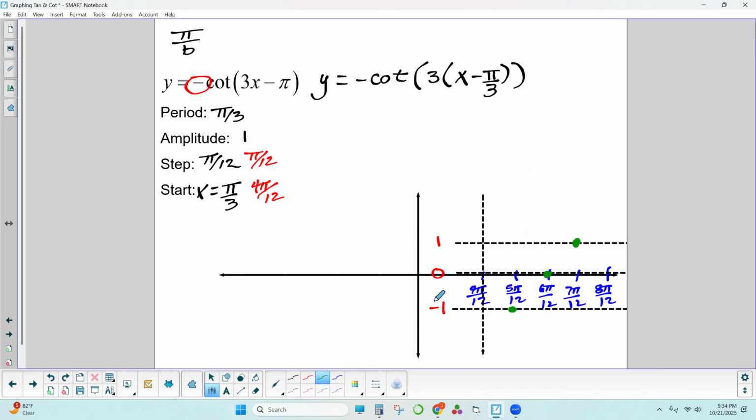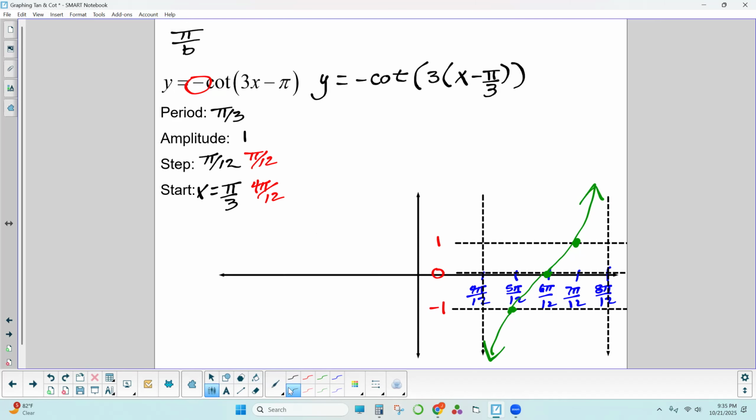And at the end of our period, it's always the same as the start. So it's undefined again. So if I connect my points here, showing heading towards negative infinity on this side and positive infinity on this side. That is one period of this cotangent graph.